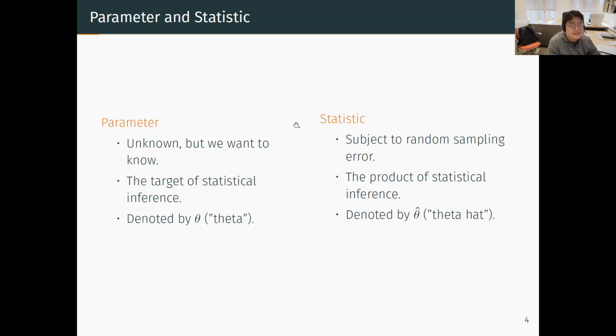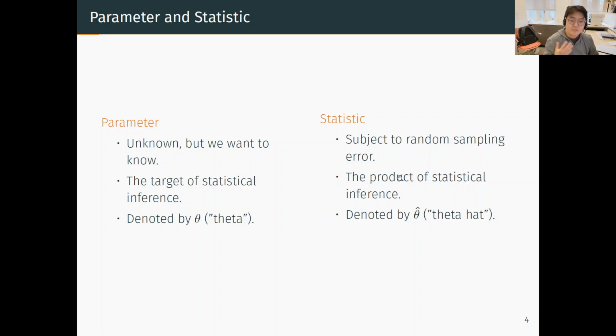On the other hand, a statistic is random because it is calculated from your data, and data is generated from a random sampling. And random sampling follows a sampling distribution. So random sampling is random, so your data is random. So what you calculate from the data is also random. Randomness remains.